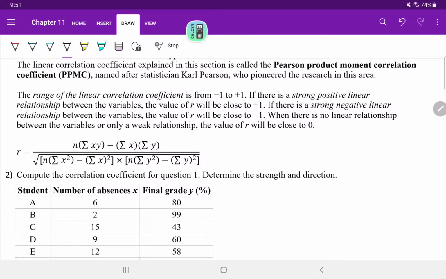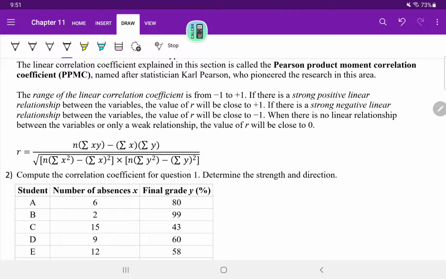Let's talk about linear correlation. The range of the linear correlation coefficient is from -1 to +1. If there is a strong positive linear relationship between the variables, the value of R will be close to +1. So, the stronger the relationship is in the positive direction, the closer the correlation coefficient will be to +1.